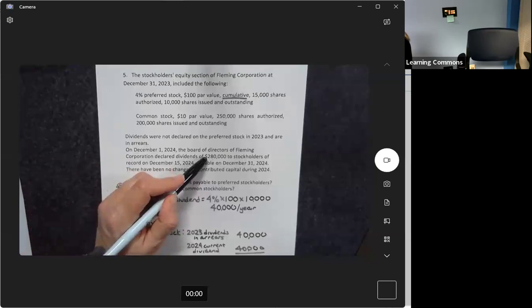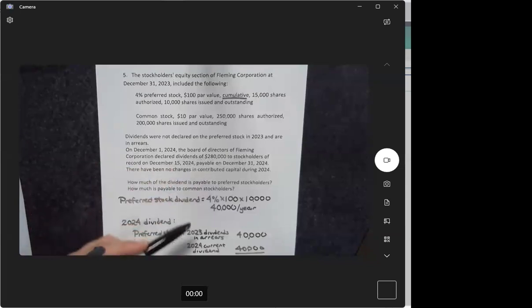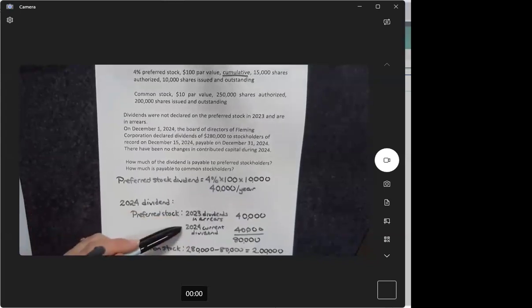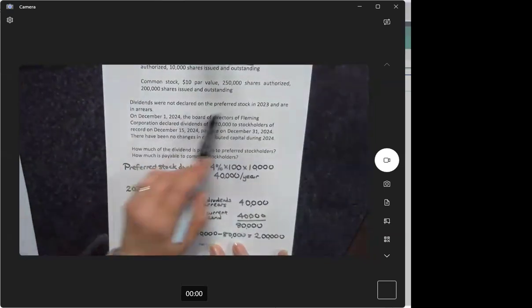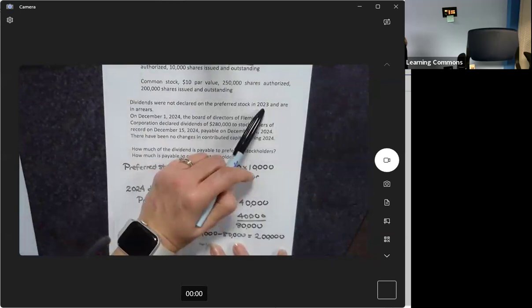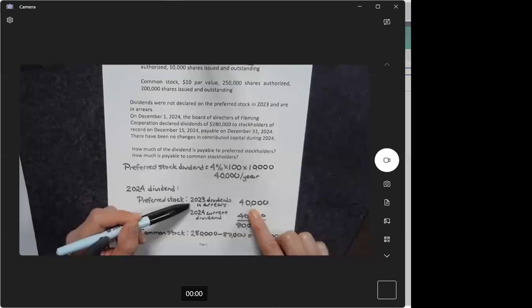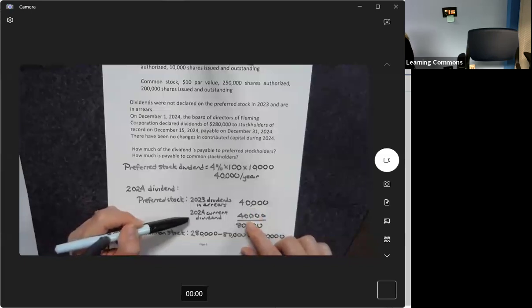That $280,000. Again, preferred stockholders always get paid first. But in this case, in addition to getting paid $40,000 for 2024, we're also going to pay those dividends in arrears, because since no dividend was declared in 2023, we owe the preferred stockholders $40,000 for 2023 and $40,000 for 2024.